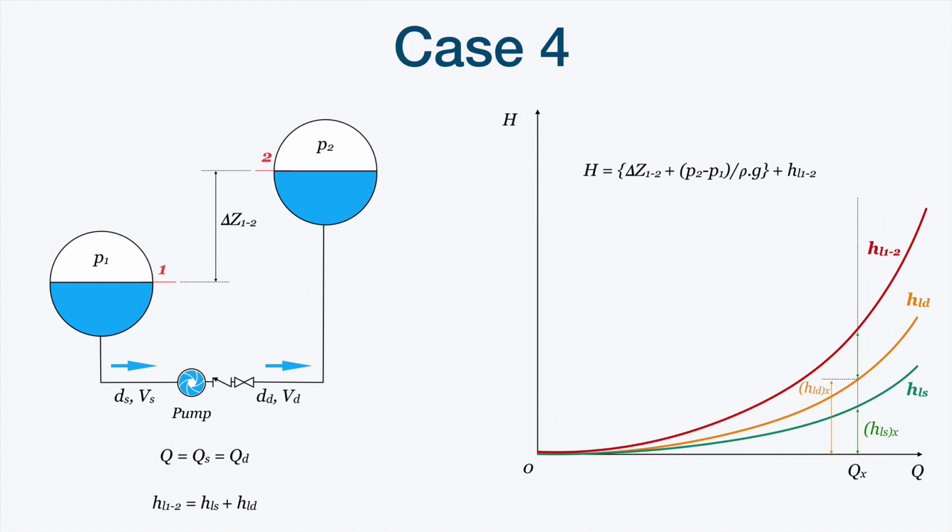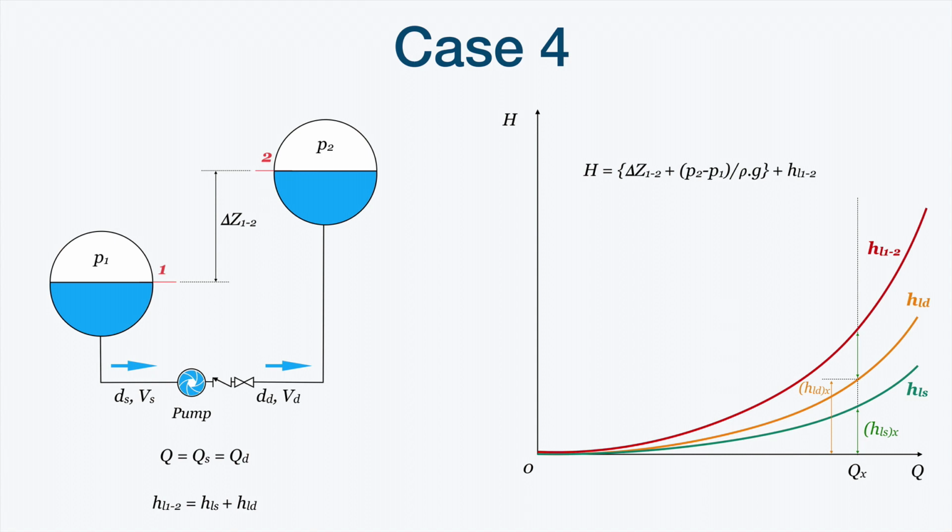That we have to include within the static part of the head the component corresponding to the difference in pressure, P2 minus P1. We know that this component plus the geodetic head form the so-called static head.